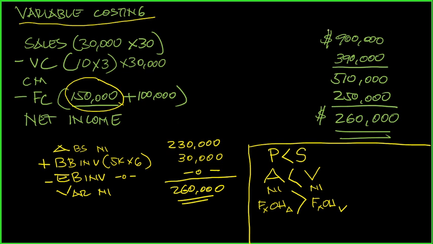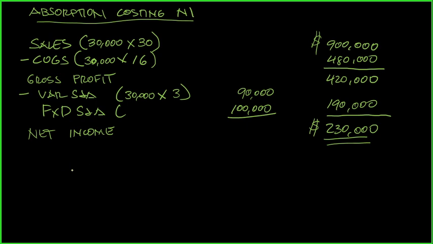But for absorption costing, dito tayo, under absorption costing, how much is our fixed expense? This year, let's talk about your production muna. This year, you produced 25,000 units, and for that 25,000, you incurred 150,000.